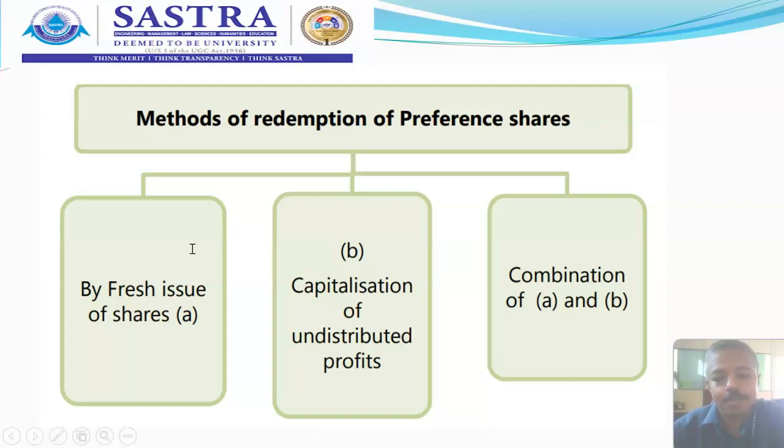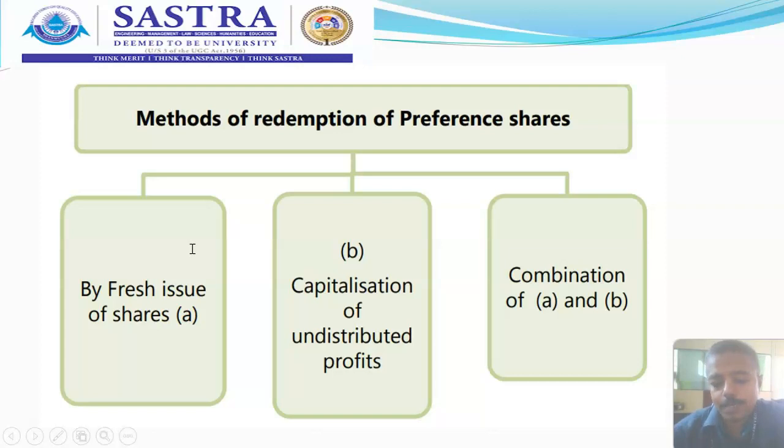Please make a note, may be valued at a premium. So the premium amount becomes an extra benefit to the company. The third great advantage is that the shareholders retain their equity interest. Since the money is not going out, the entire money is going to be rotated. Hence, the preference shareholders retain their equity interest.